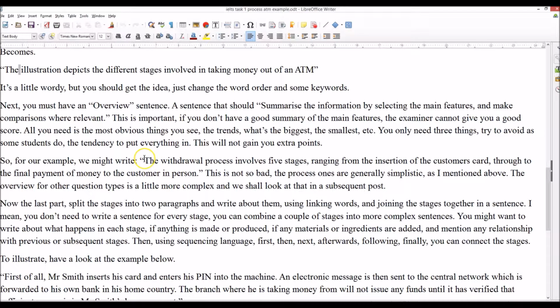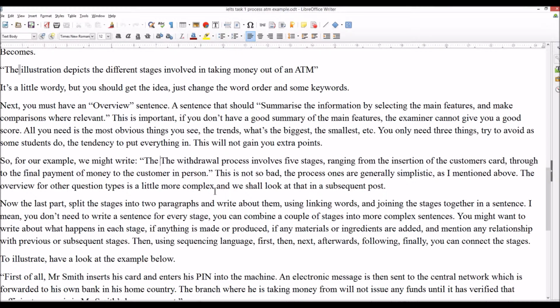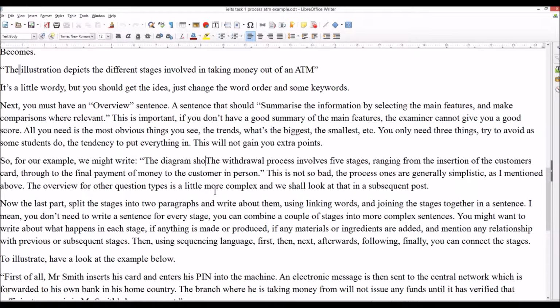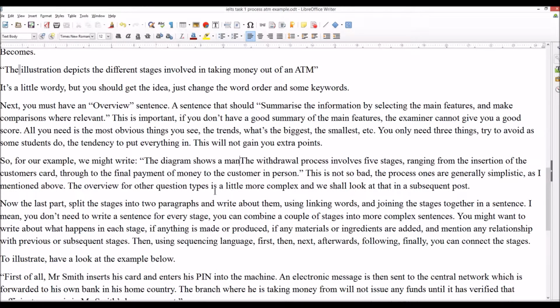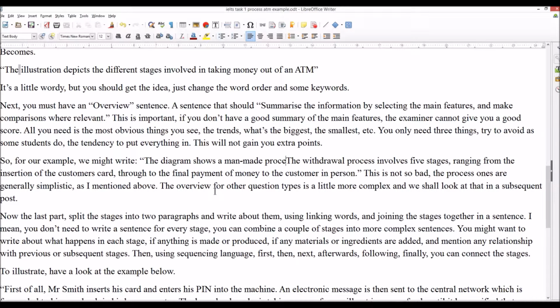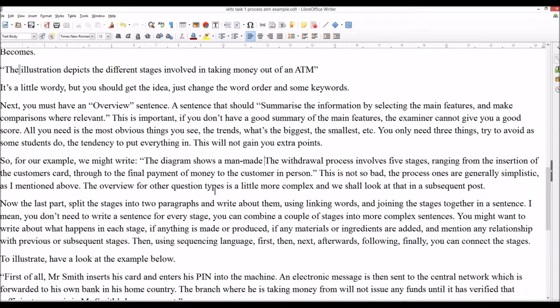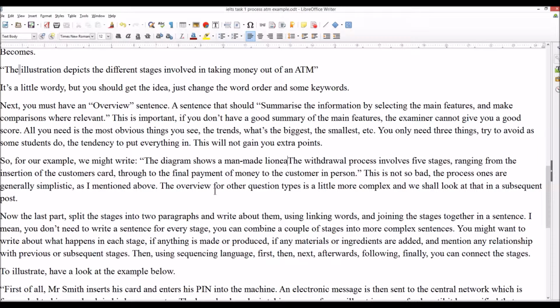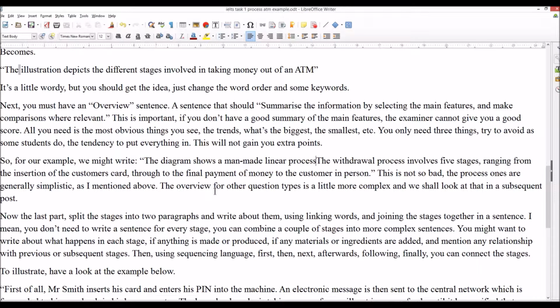Now, that's not bad. If you want, you can maybe say something like, the diagram shows a man-made, it's a linear process, so you could say that, a man-made linear process, blah, blah, blah.